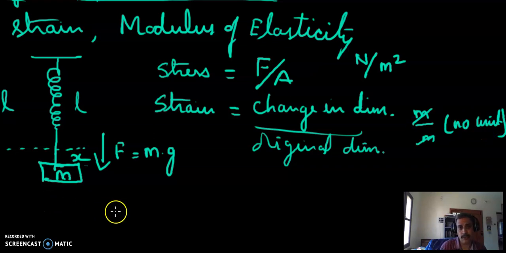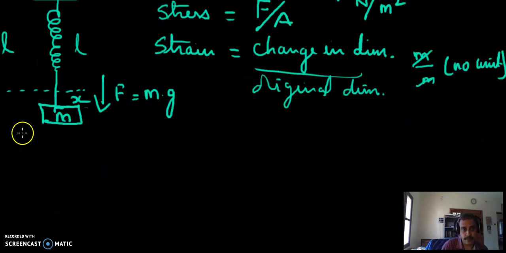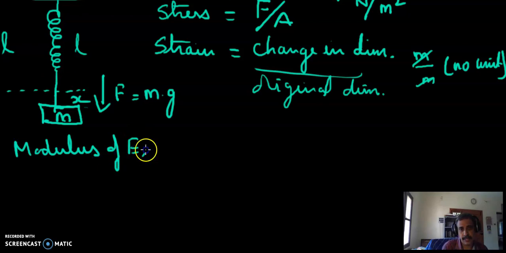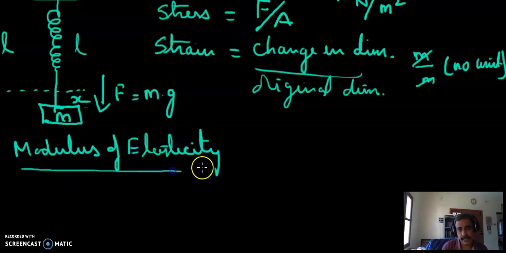Now, modulus of elasticity. Why do we call it elasticity? If I remove the mass, this spring will move back to its original length, its original position.